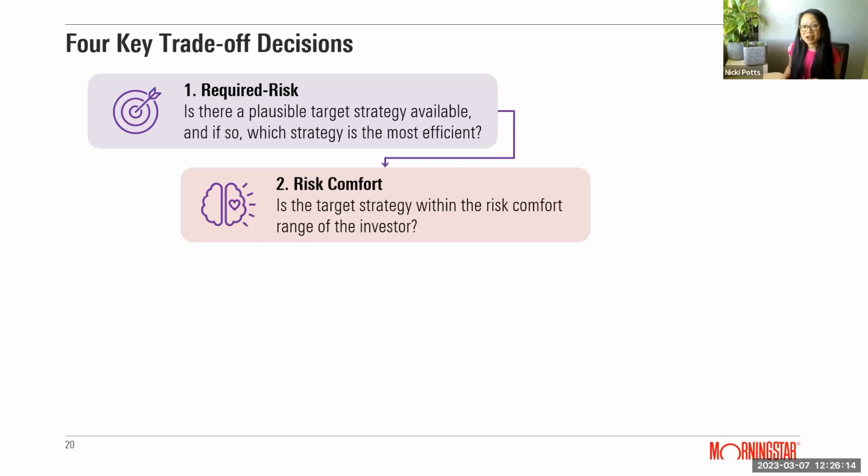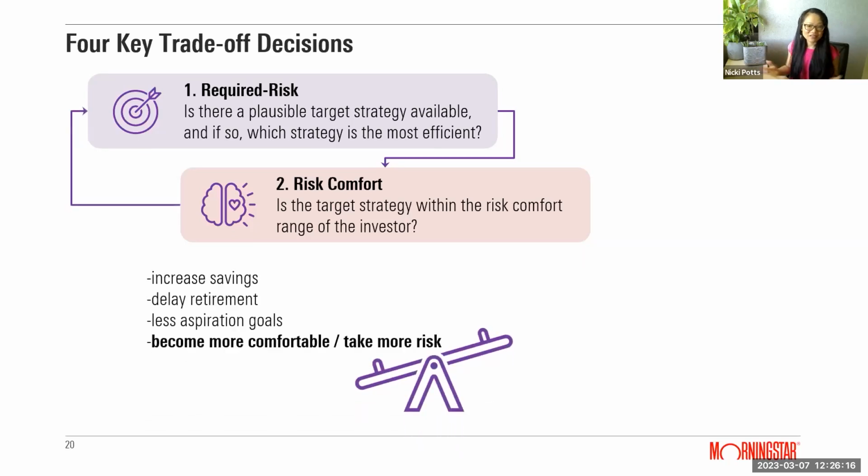So, like required risk, the investor can adjust the same set of available levers until the target strategy is within their risk comfort, or alternatively, learn to become more comfortable with market ups and downs. That is, consciously choose to balance required risk above risk comfort to a degree. So the investor is essentially taking risk outside of their risk comfort knowingly, willingly, and has signed off on it.